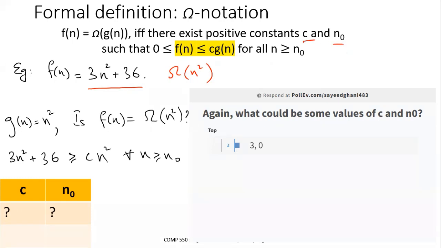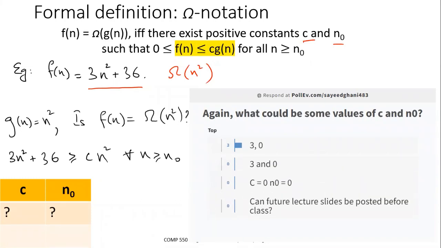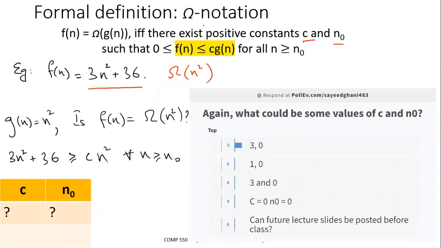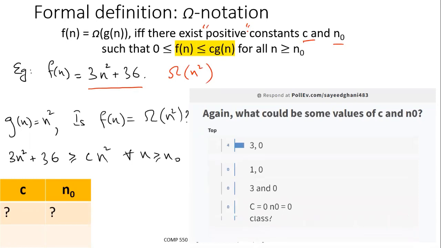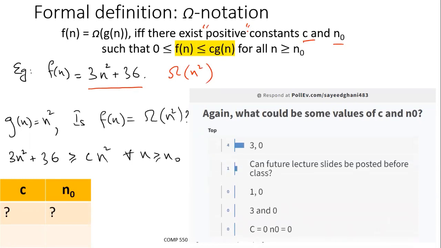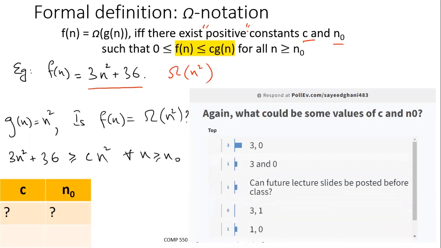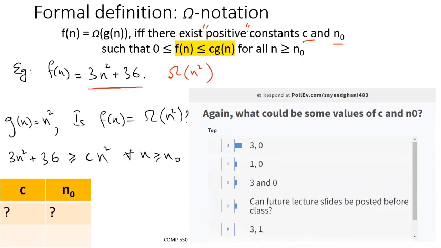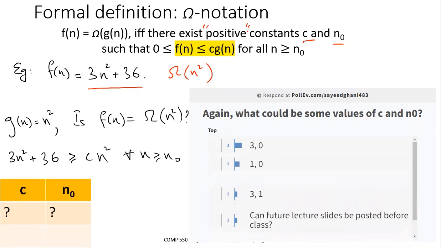People are suggesting 3 and 0, and 0 and 0. You have to pay attention: positive constants, and 0 is not positive, so you can't pick 0. It has to be a positive constant. If you're picking integers, you can pick 1 and going forward.